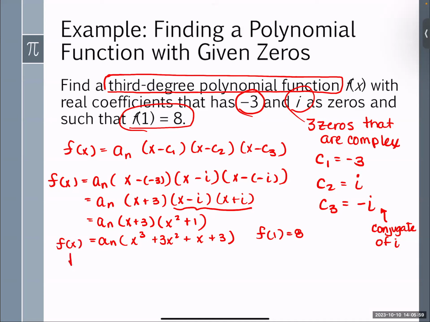So I'm going to make that substitution. 8 equals a sub n times 1 cubed plus 3 times 1 squared plus 1 plus 3. And that's going to be a sub n times 1 plus 3 plus 1 plus 3, which I believe is 8.